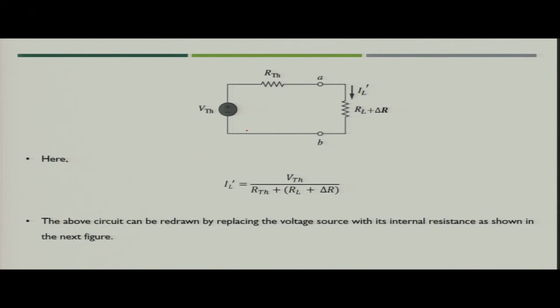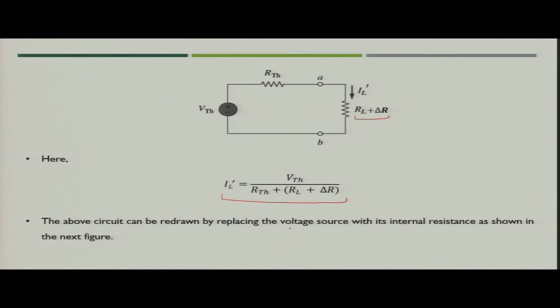The only change would be the load resistance, that is now R L plus delta R. The current now flowing through the updated load resistance is I L dash. What would be the value of I L dash? I L dash would be V T H divided by the total resistance of the circuit, that is R T H plus R L plus delta R.